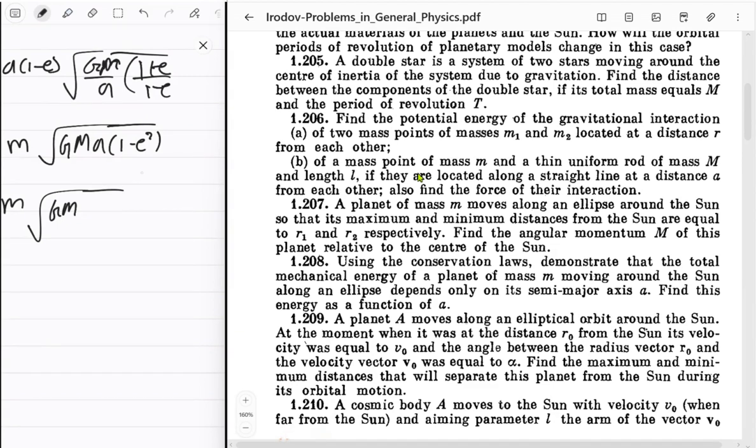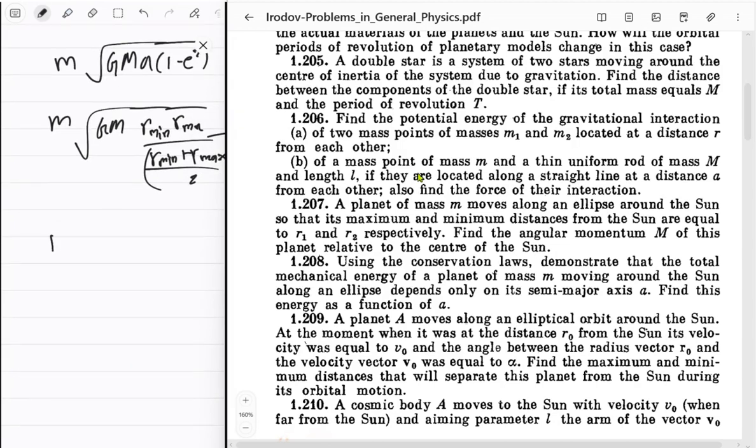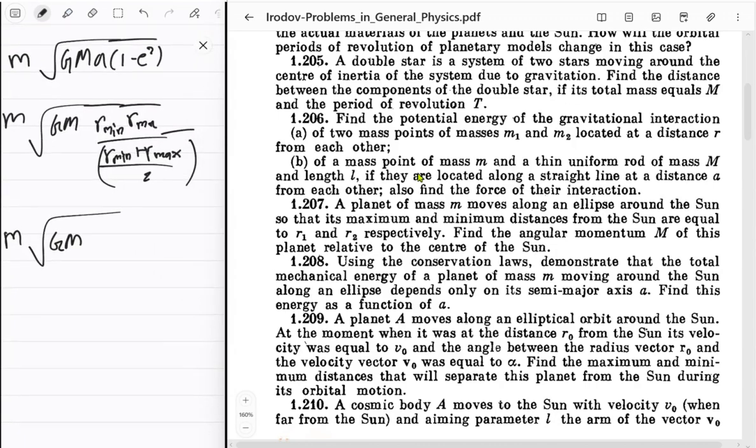So this is actually just r minimum times r maximum, with an extra factor upon a, and a is r minimum plus r maximum upon 2. There we go, you got the formula. So let's call this r1 and r2. So m square root of 2GM, actually.